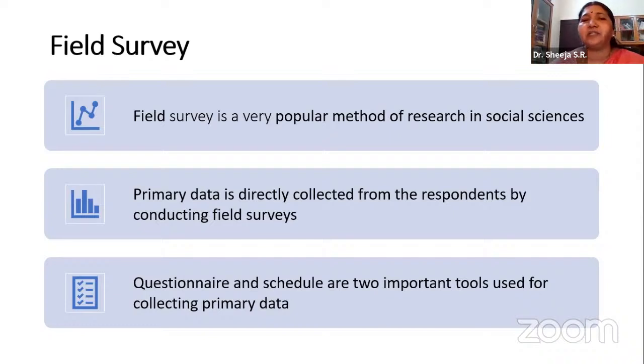And questionnaires and schedules are very important. We can say that questionnaires and schedules are two important tools used for collecting primary data. So if you are collecting primary data, you will have to use either questionnaires or schedules.